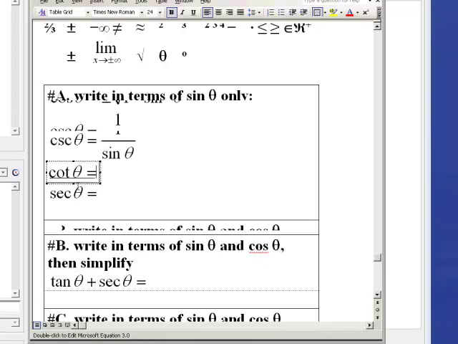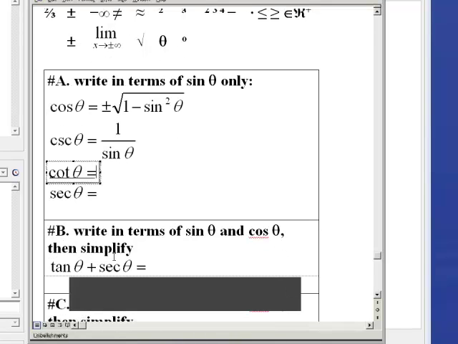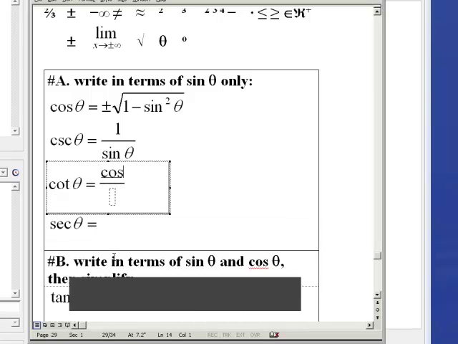Cotangent theta. Well, that would be first cosine theta divided by sine theta. And then we have to do something about that cosine because it says to write in terms of sine theta only. Well, we just did a couple of exercises ago, figure out what we can do with the cosine.